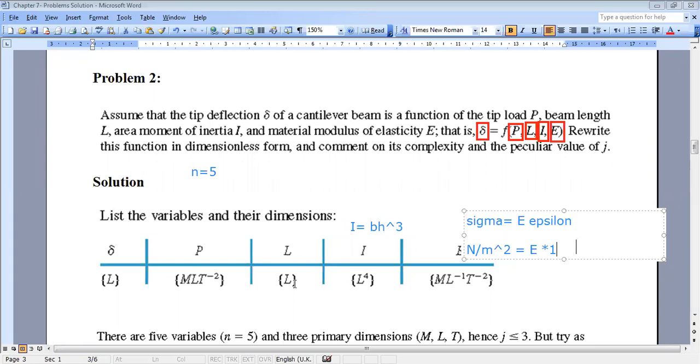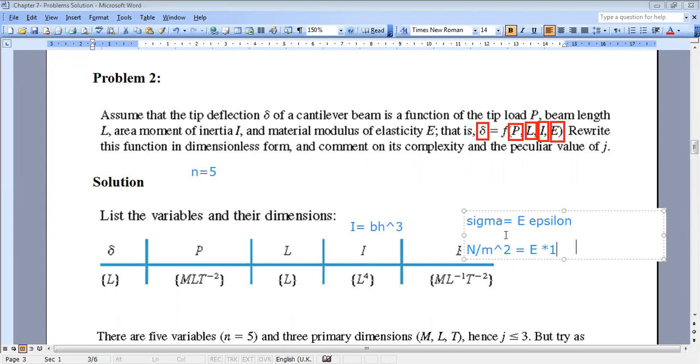L is a length, the dimension is L. For any variable whose dimension you don't remember, try to find a formula including the variable. For inertia, we have seen area moment of inertia together in chapter 2. For a rectangle, it's BH cubed, and B and H are lengths. So the unit of I will be L to the power 4.